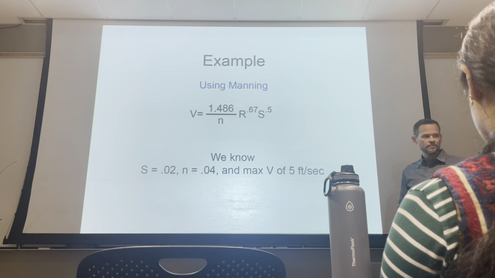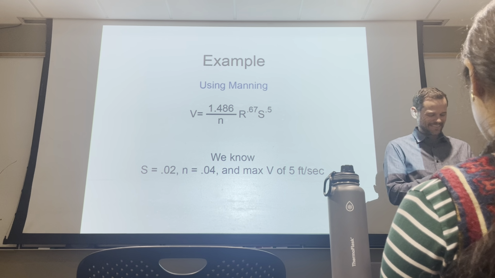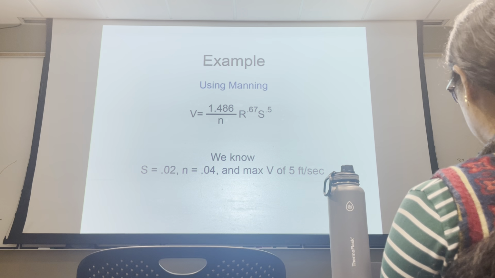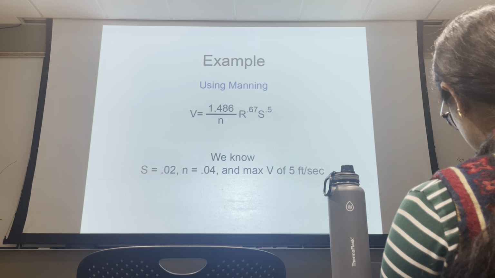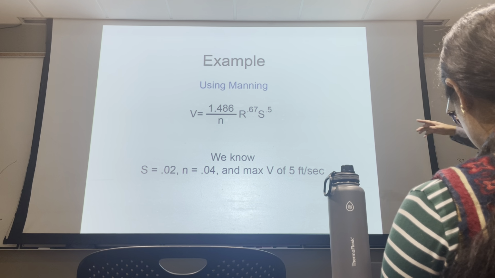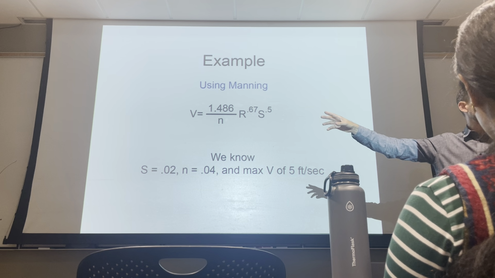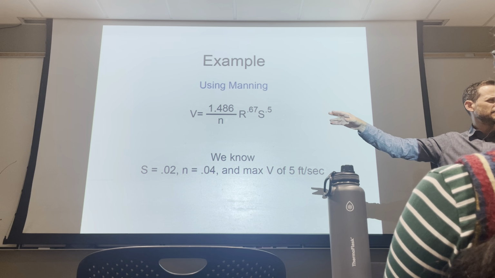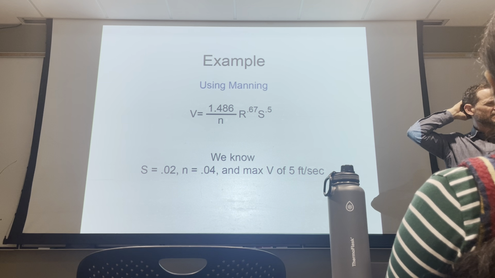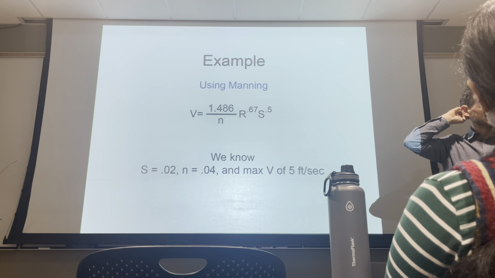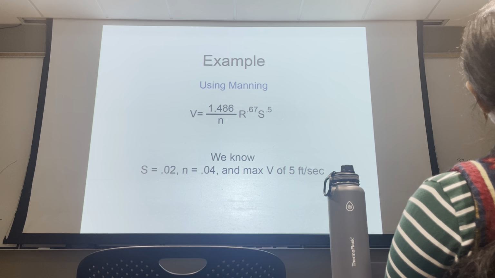That 0.78 was my hydraulic radius, which was the cross-sectional area, 4.7, divided by the wetted perimeter. R is the hydraulic radius, the thing we just went through.